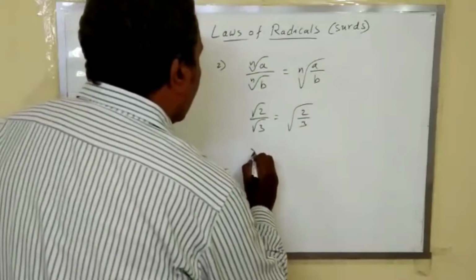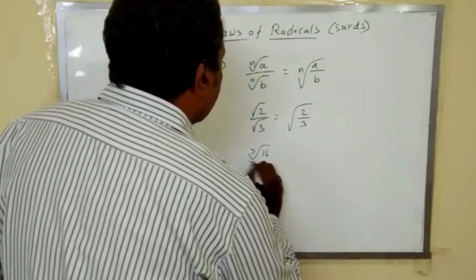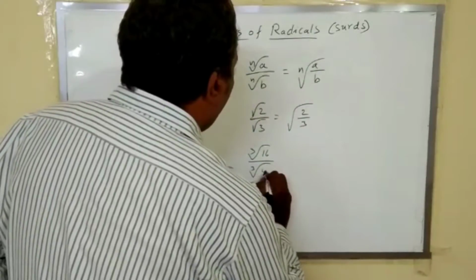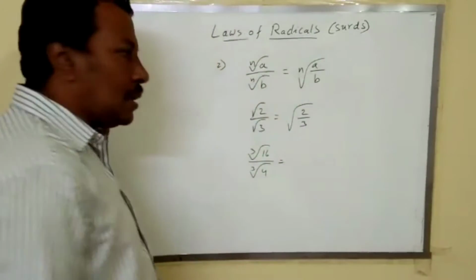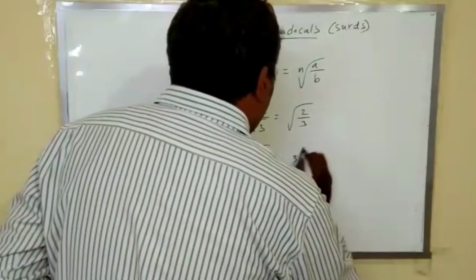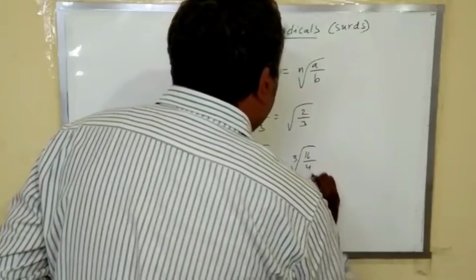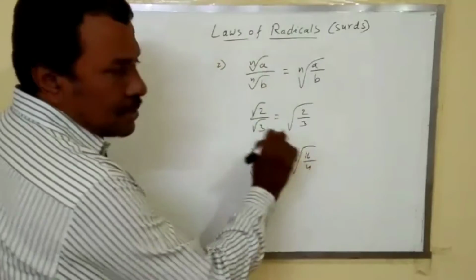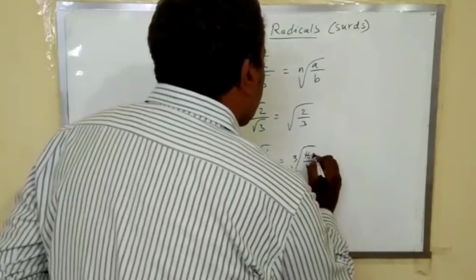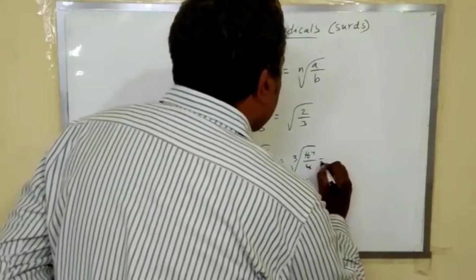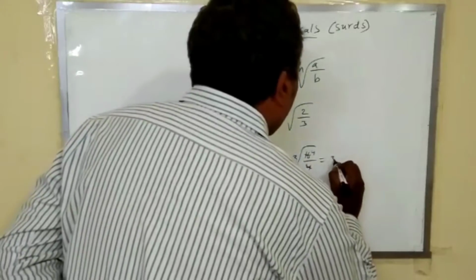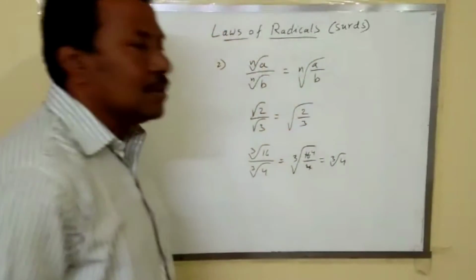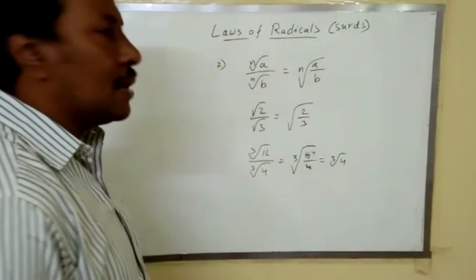One more example, cube root of 16 by cube root of 4. This can be written as cube root of 16 by 4. 16 cancels with 4. How many times? 4 times. 4 4s are 16. Cube root of 4. So the final answer is cube root of 4. Okay, like that.